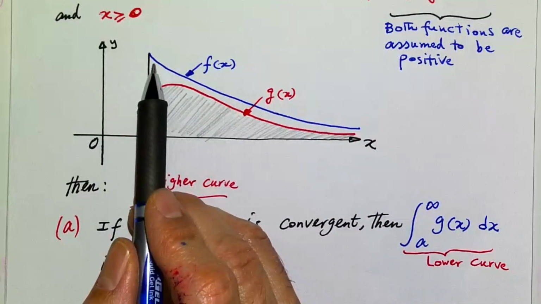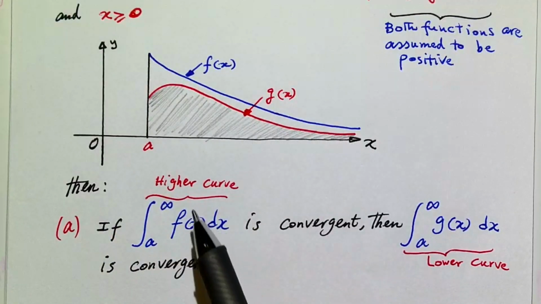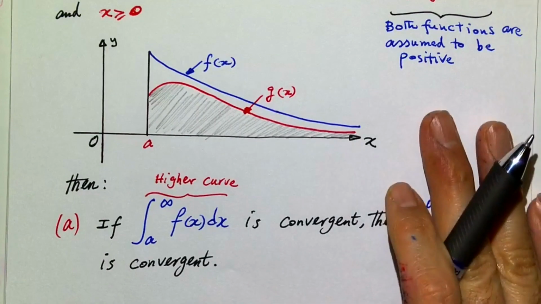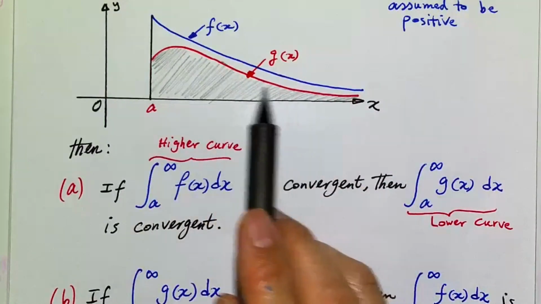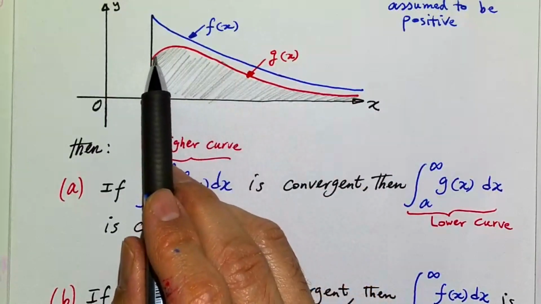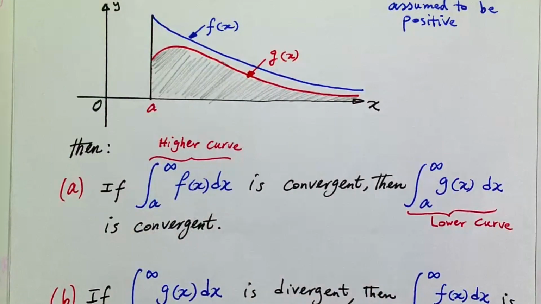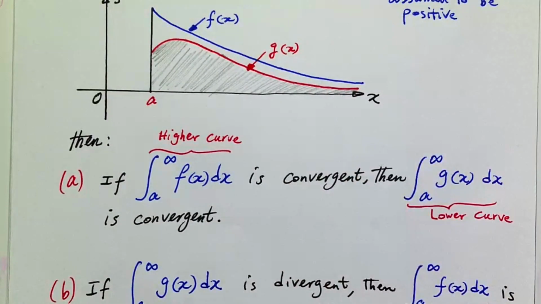And if the lower curve, g of x, is divergent, right? Suppose we are given f of x, and it's a more complicated improper integral. Then we find another easier one, let's say g of x, that is below it. And then after taking the improper integration of g of x, we find out that g of x is diverging.